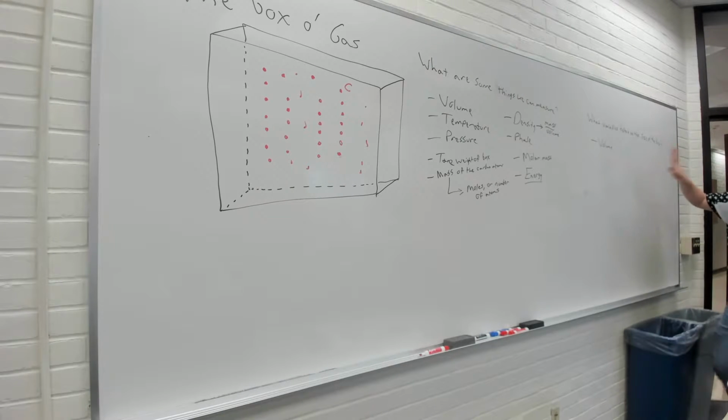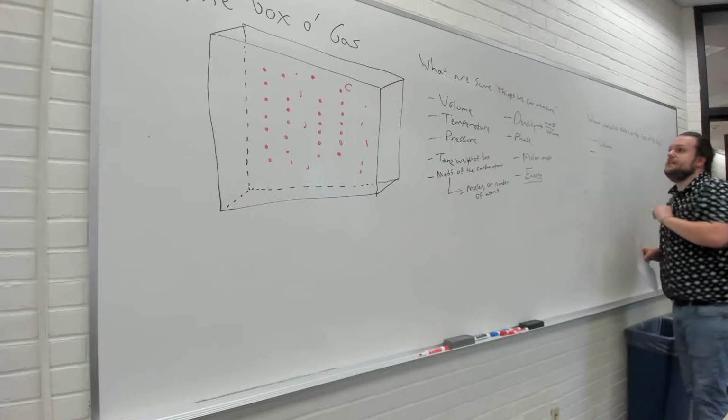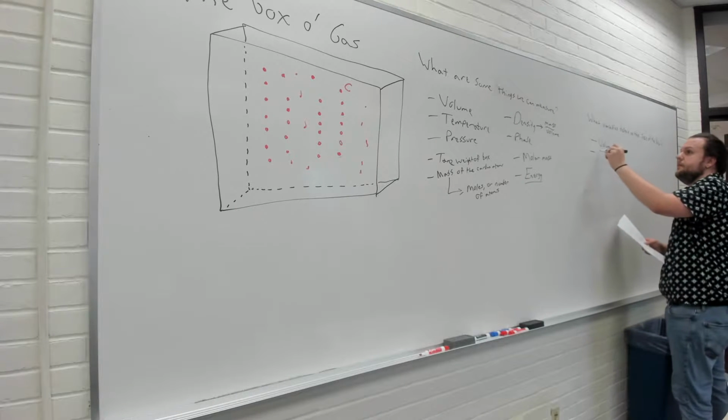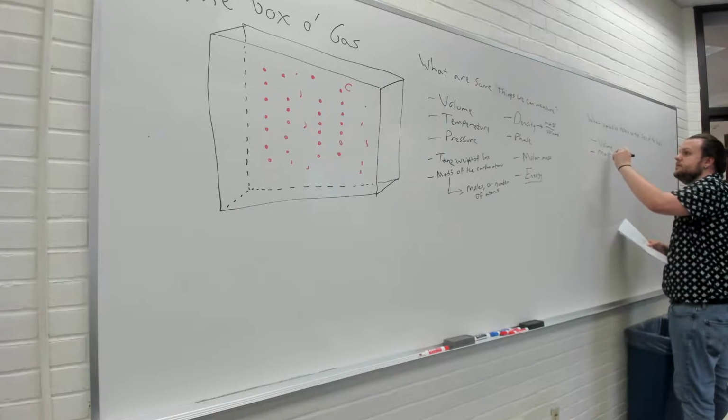All right. So we're talking about things that depend on the scale of the box. Volume certainly depends on the size of the box because it measures the size of the box. Of course, if we divide the system by 2, then we have half the mass, so the mass changes.